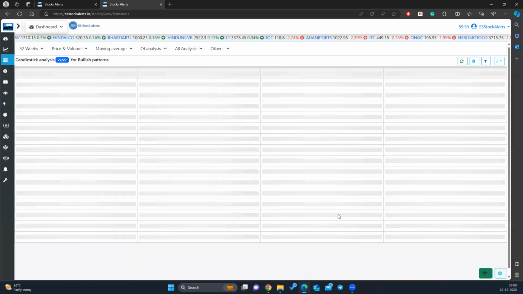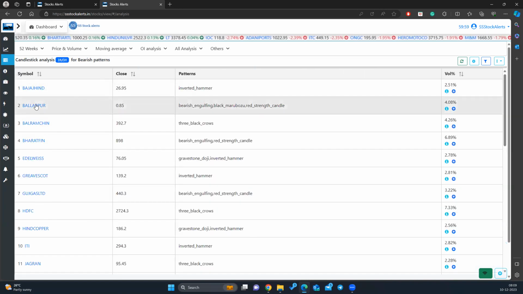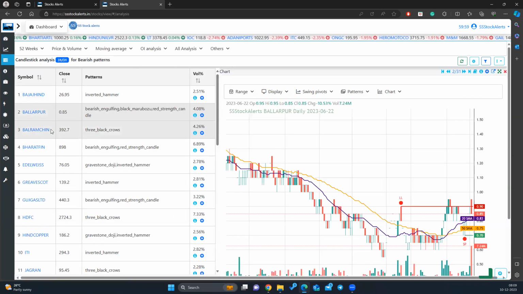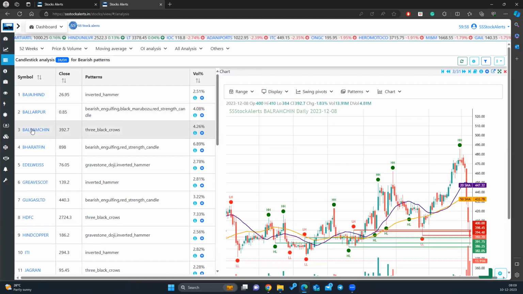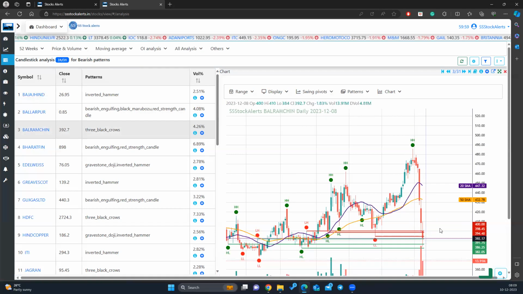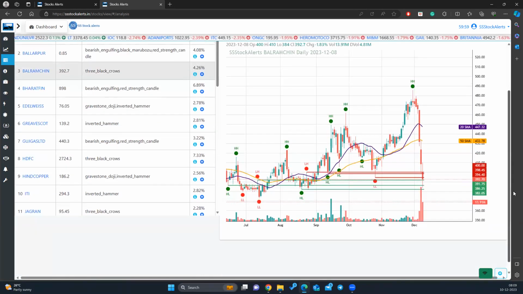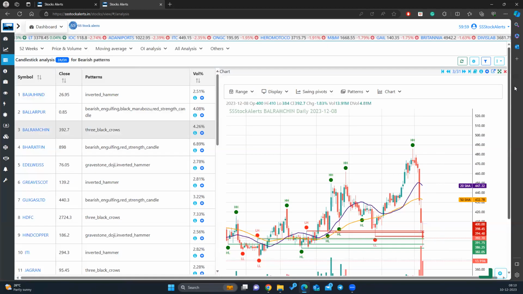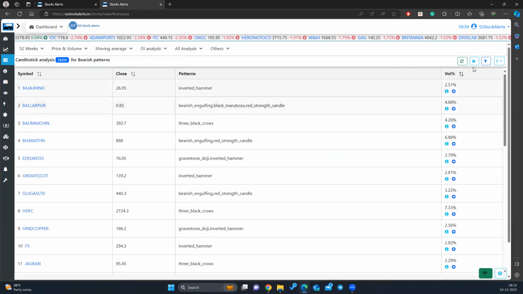You can do the same thing on the bearish side also, so that it will list out all the stocks. Some stocks are falling, and there is huge volume also.